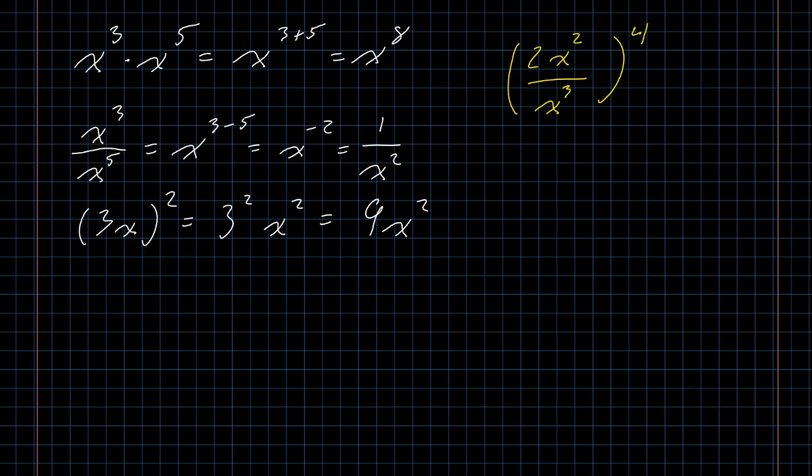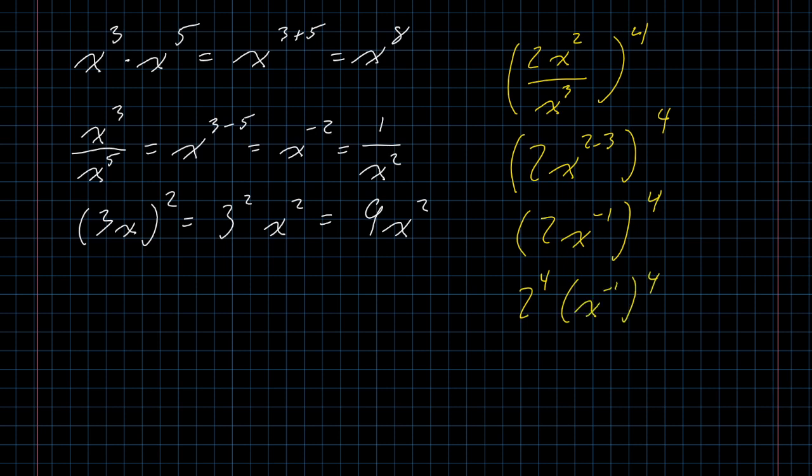I can't imagine why I might have that, but if I did, I could take x squared over x cubed, rewrite it as x to the 2 minus 3. 2 minus 3 is, of course, negative 1. I could then distribute, so I have 2 to the 4th and x to the negative 1 to the 4th.